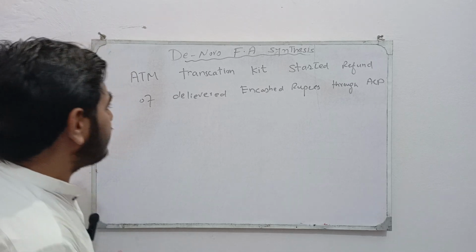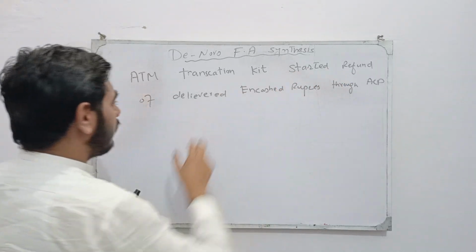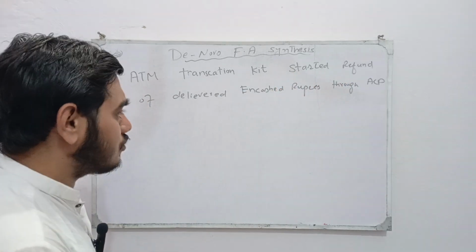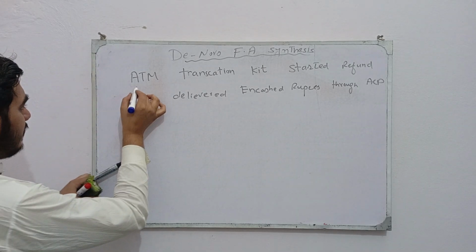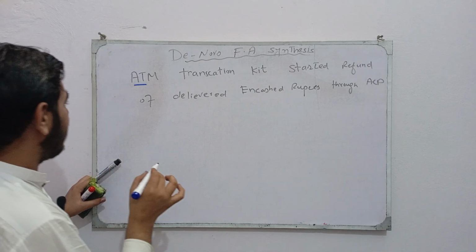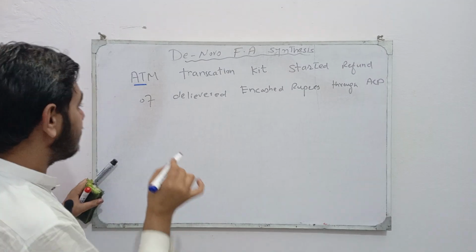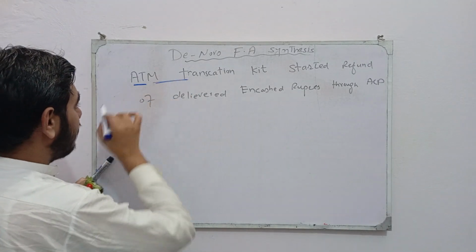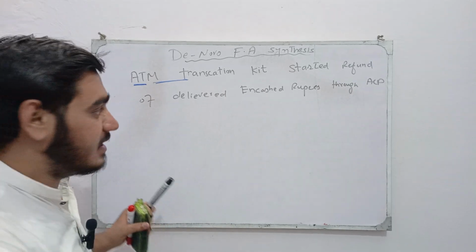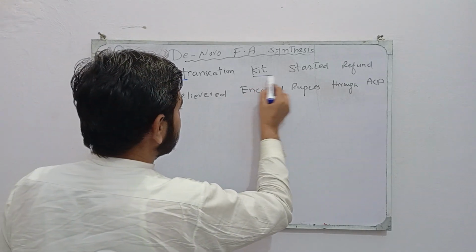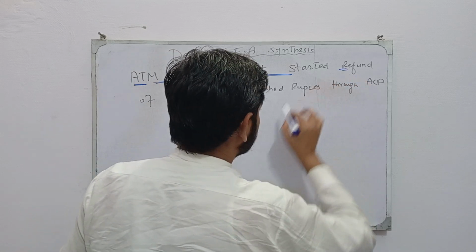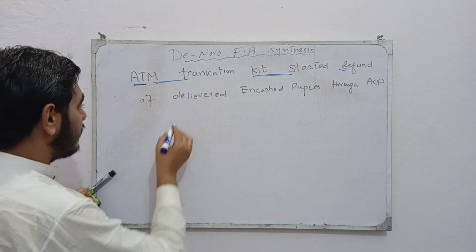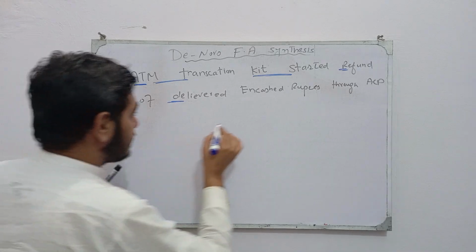Here AT means acetyl transacylase. MT means malonyl transacylase. KS means ketoacyl synthase. KR means ketoacyl reductase. D means dehydratase.